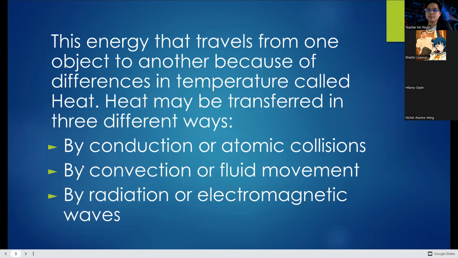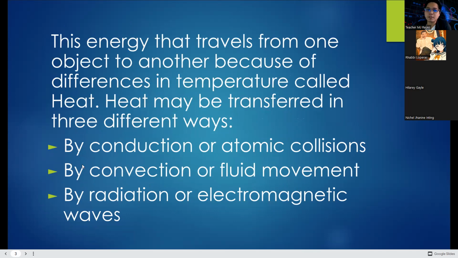This energy that travels from one object to another because of differences in temperature is called heat. So this is now heat. Again, this is the way heat is being transferred, the way heat travels. From greater concentration, greater heat, to lower concentration, lower heat, until it reaches its equilibrium or equal heat.